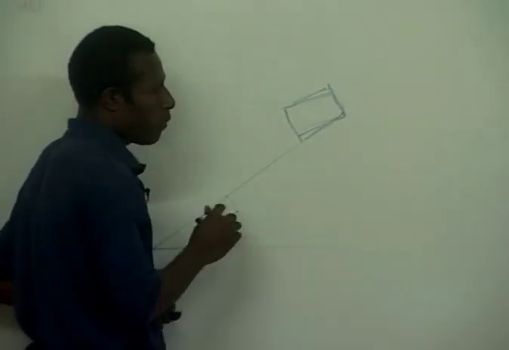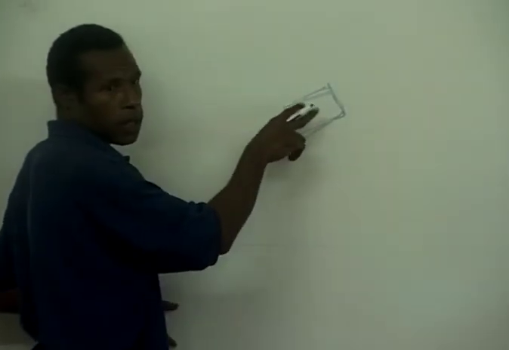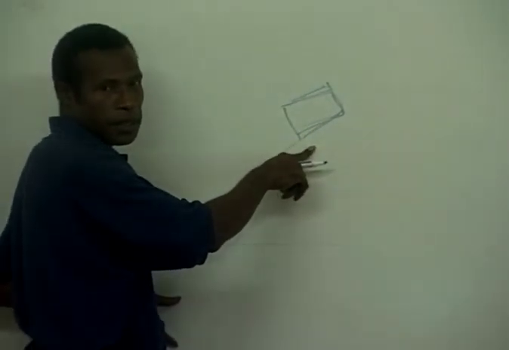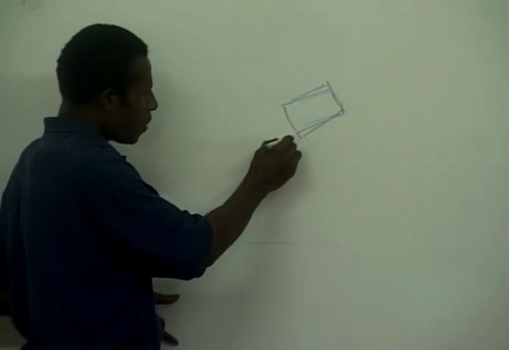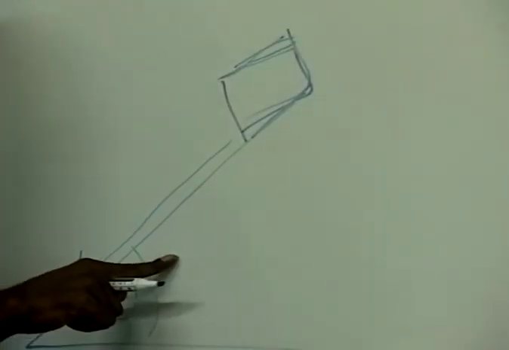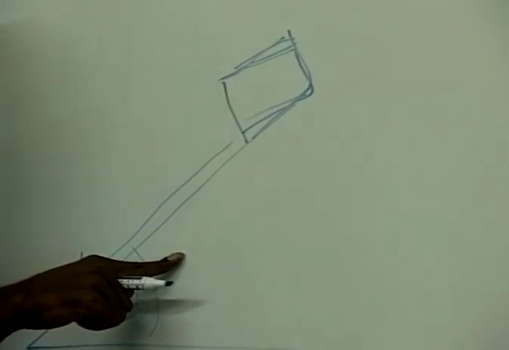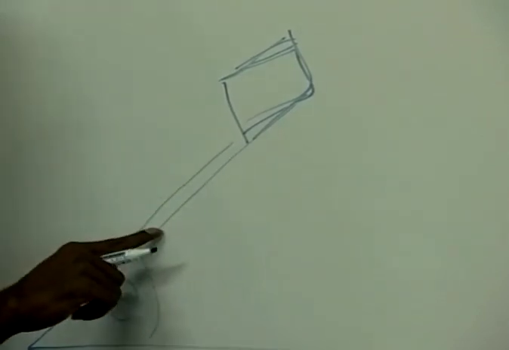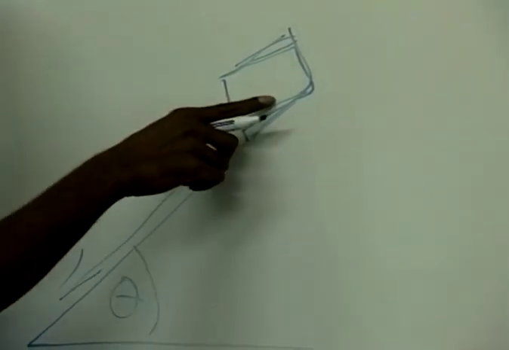If you can remember from our last lesson, we looked at a smooth inclined plane, and you saw that this object will be moving down. We are not considering any frictional factor. This time, on a rough inclined plane, we will have to consider all the forces that act on this.